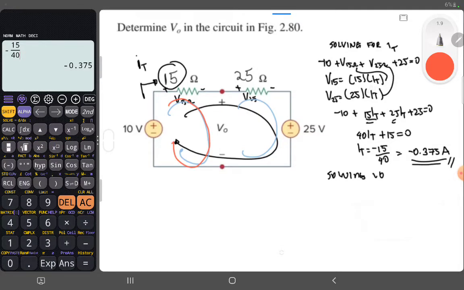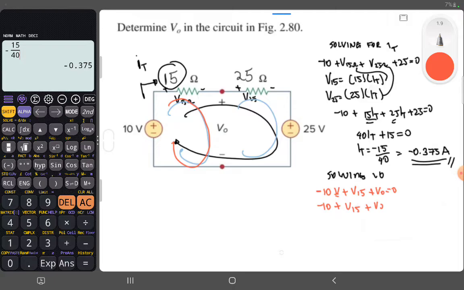So I will have my negative 10 volts plus my V15 ohm plus VO equals 0. So take note that I will have negative 10 plus V15 plus VO. Take note ito, no? Wala lang yan. Label. Okay? So, negative 10 plus V15 plus VO.